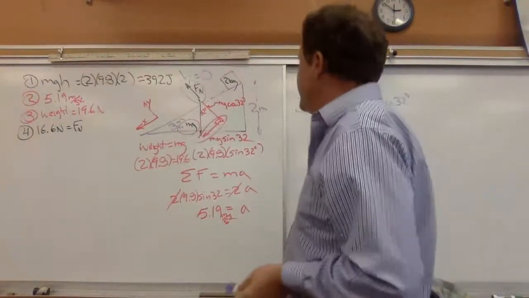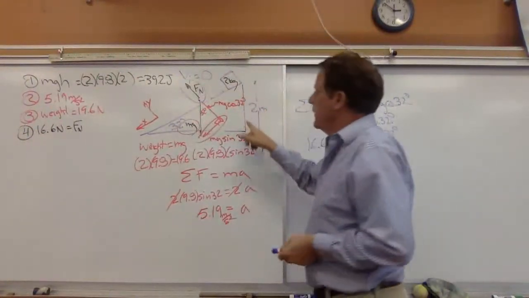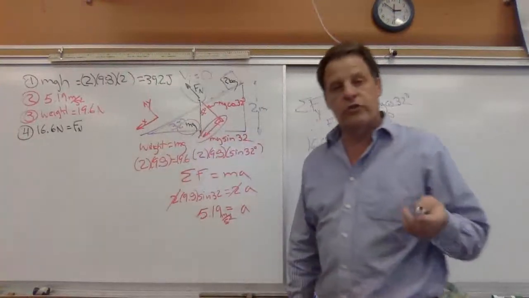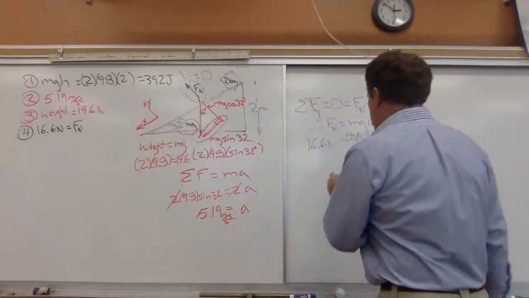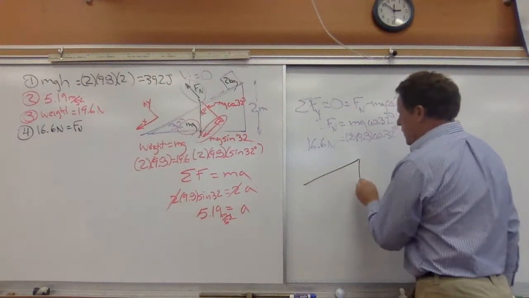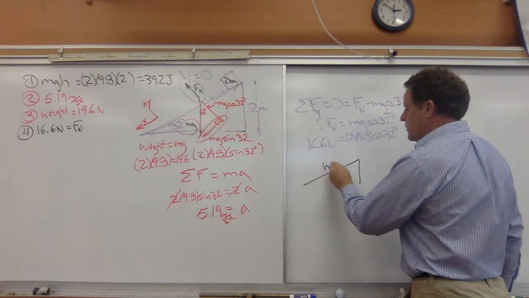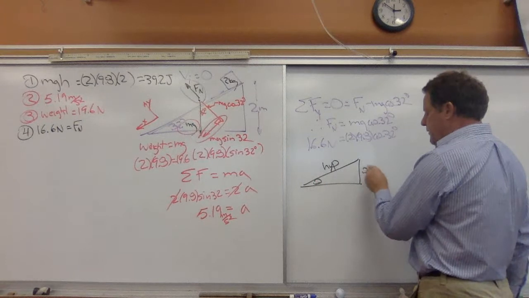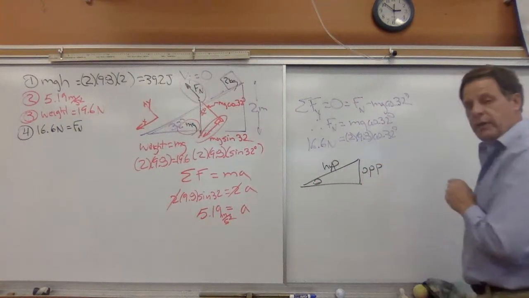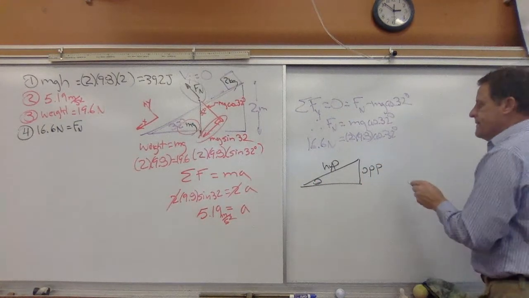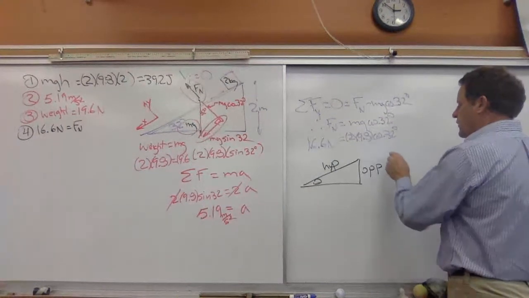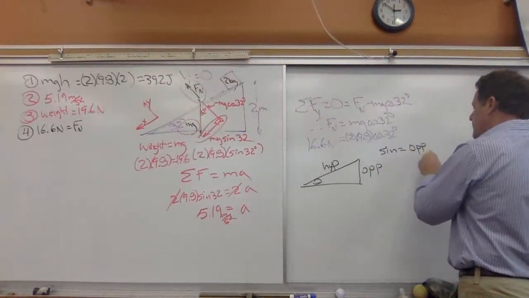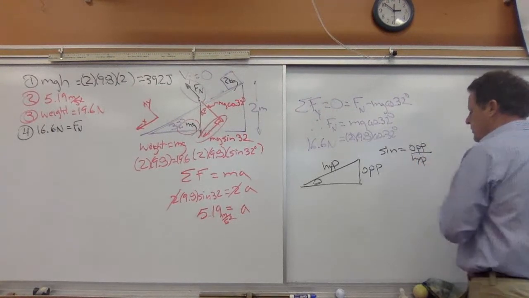Now, the length of the ramp. This is really just a geometry question. We have the hypotenuse, which is what we're looking for, and we have the opposite side. So sine is equal to the opposite over the hypotenuse.